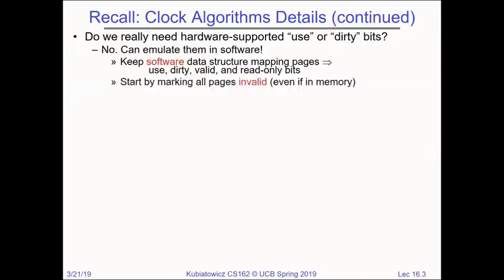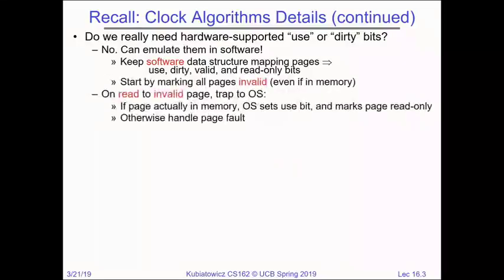And if we do that, what do we know? Every time we do a read or write to any page after that, what happens? If every page is marked invalid and I do a read or write, what do I know is going to happen for sure? Page fault. Which means the software takes over.